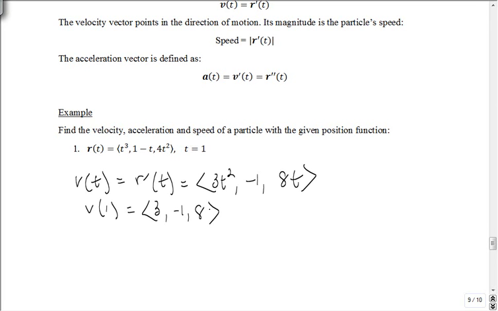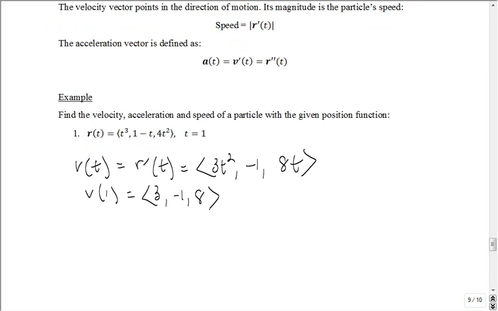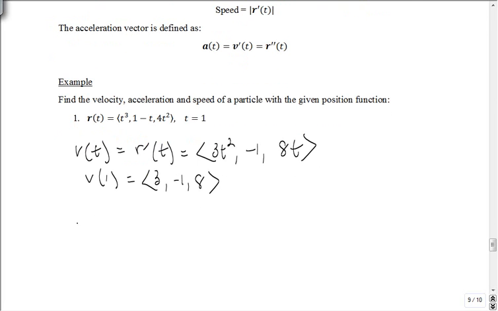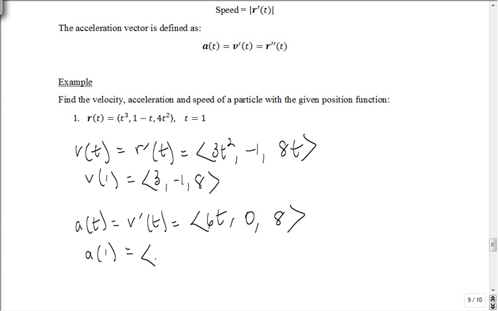Okay, that's just derivatives again. Acceleration a of t is just v prime of t. So differentiate the velocity function: 6t, 0, 8, and a of 1 is 6, 0, 8.